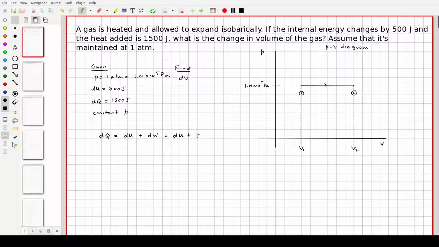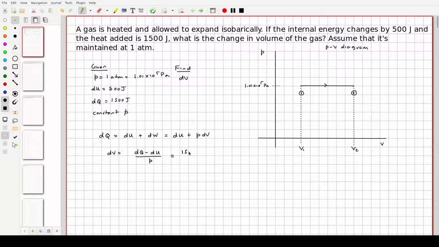This does not change. This does. So really all we're trying to find here is dV. If I solve for it, dV in this case is dQ minus dU divided by P.